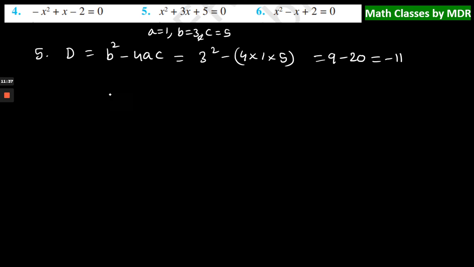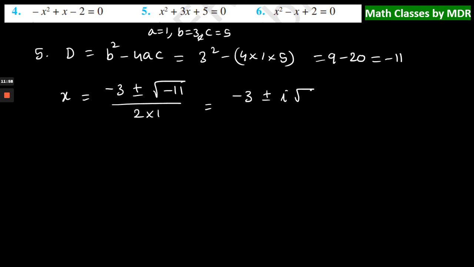So x is minus b, which is minus 3, plus or minus root of b squared minus 4ac, which is minus 11, by 2 into 1, which is equal to minus 3 plus or minus i root 11 by 2. This is your answer.